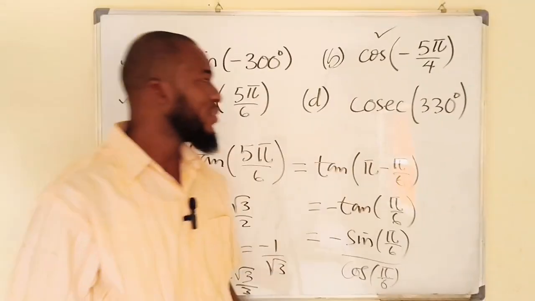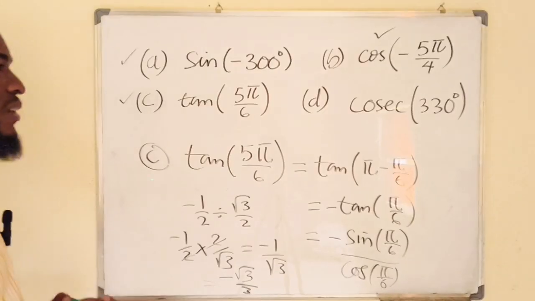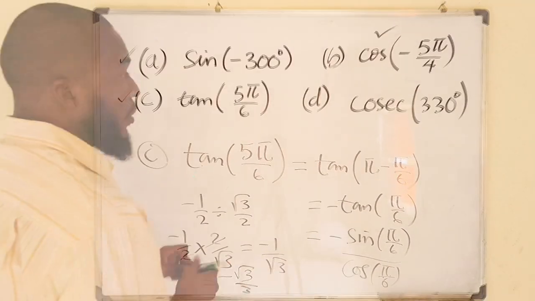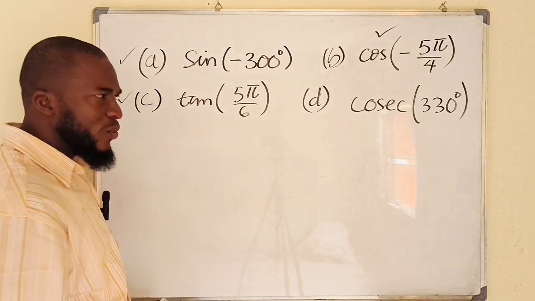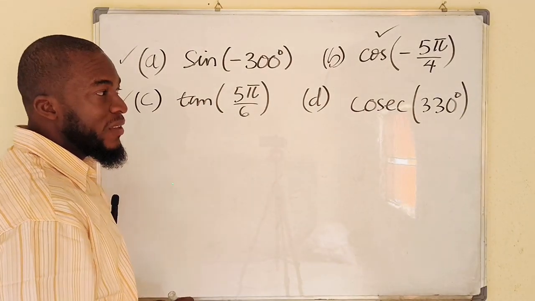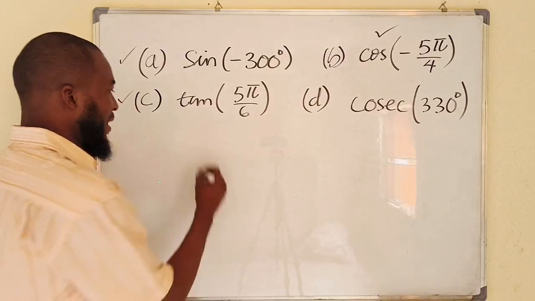Then lastly, we are going to take cosecant of 330 degrees. First of all, what is cosecant? Cosecant is the reciprocal of sine.